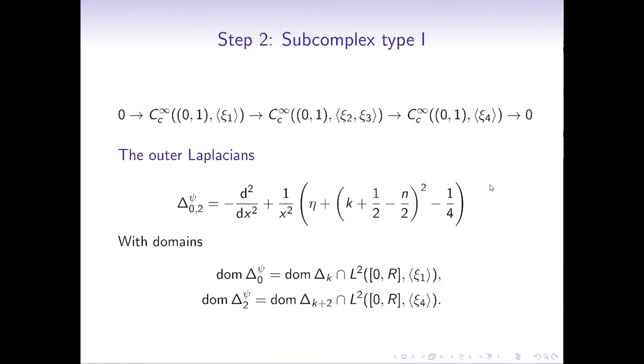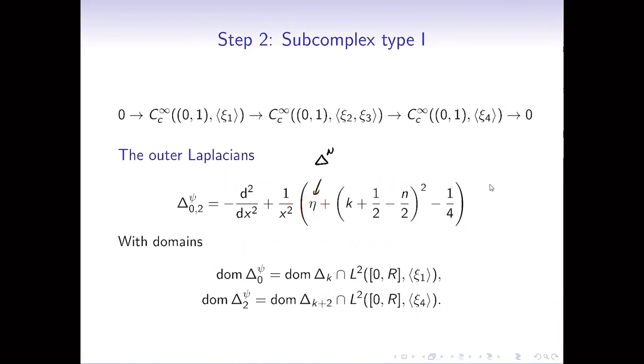So for this subcomplex, we can compute the Laplacians, and they turn out to look like this. And this is sort of the model operator that we're going to keep coming back to. This is the central thing, pretty much. And you can sort of see that these etas are the eigenvalues for delta n, right? So these are eigenvalues on the base manifold.